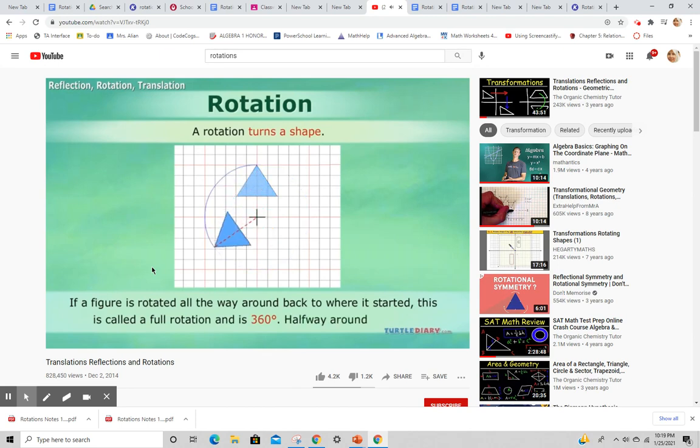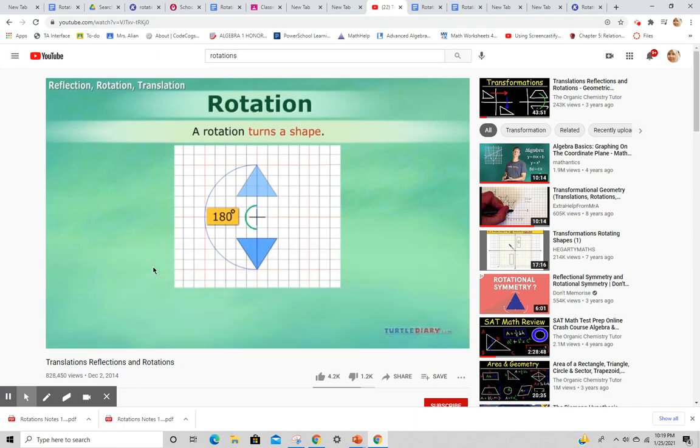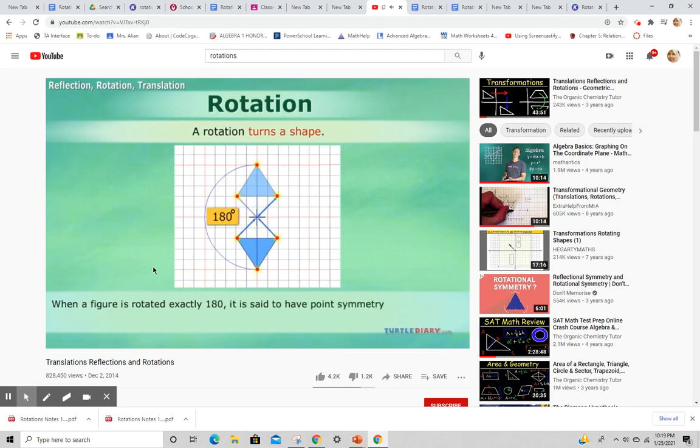Halfway around is 180 degrees. When a figure is rotated exactly 180, it is said to have point symmetry because each point has a matching point that is the same distance but in the opposite direction.